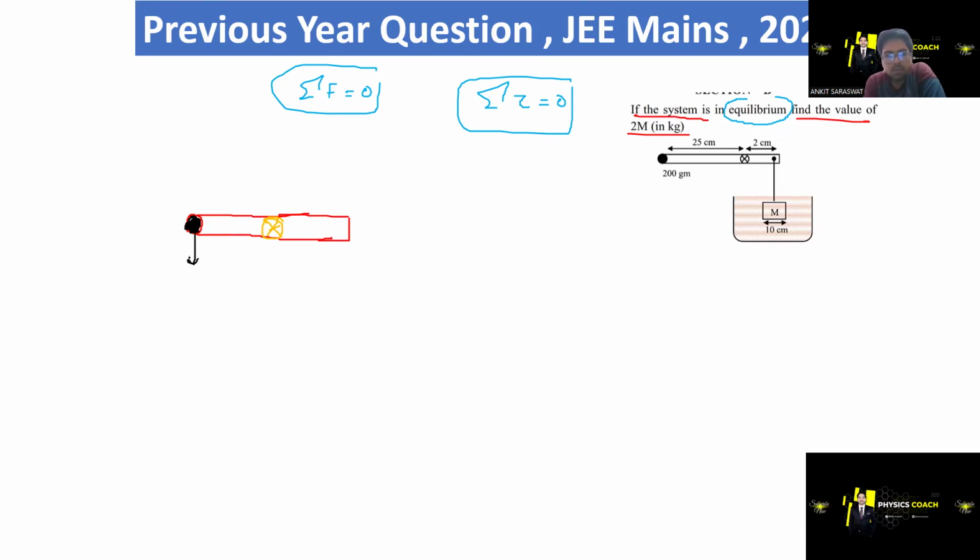Its weight will be m into g down, converting kg to g. Its distance from the axis of rotation is 55. Similarly, one tension force will act in this direction.